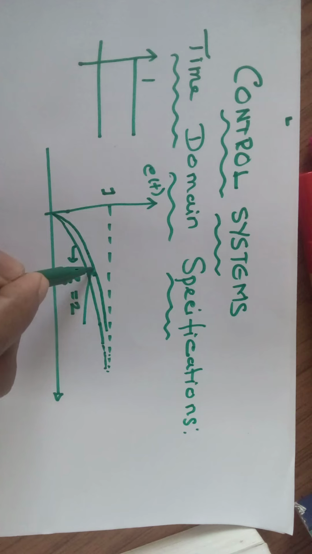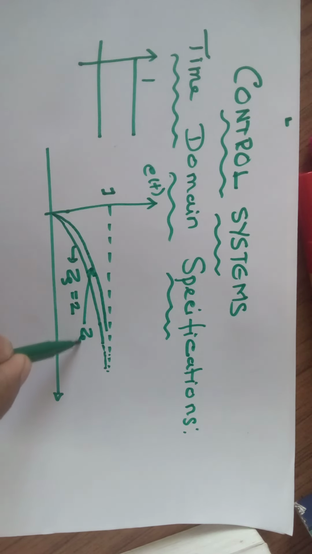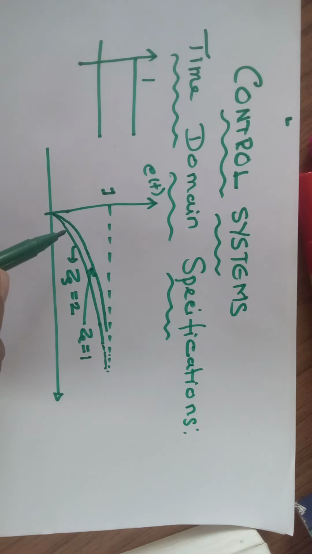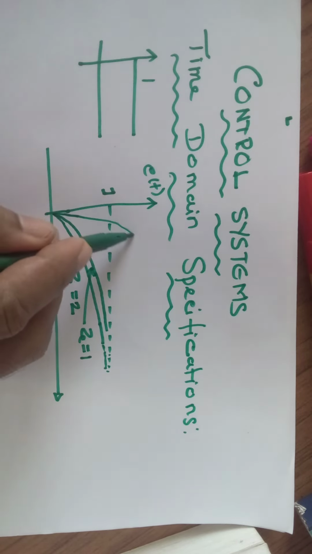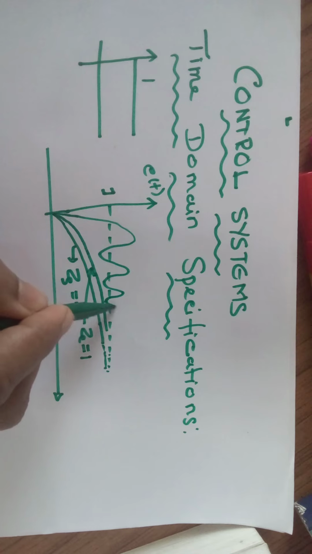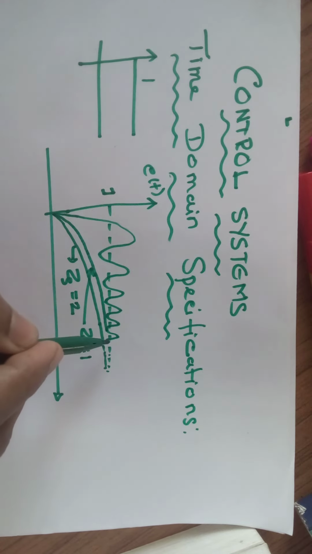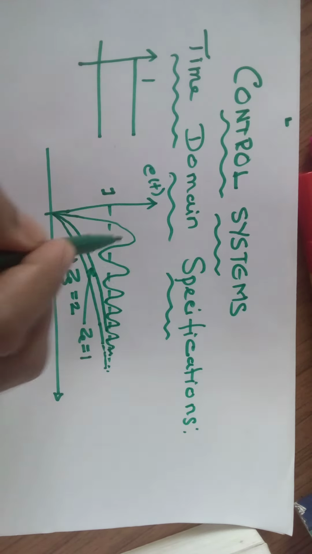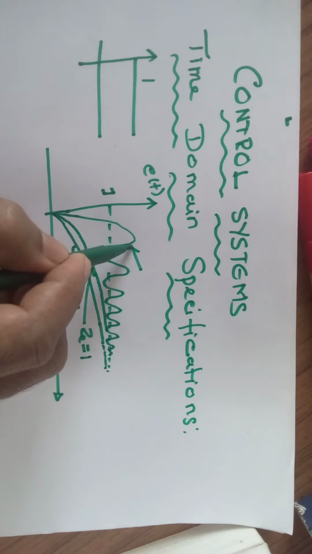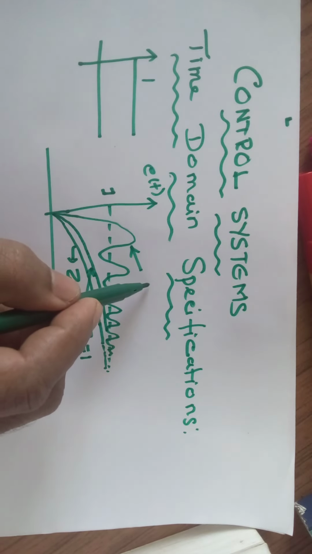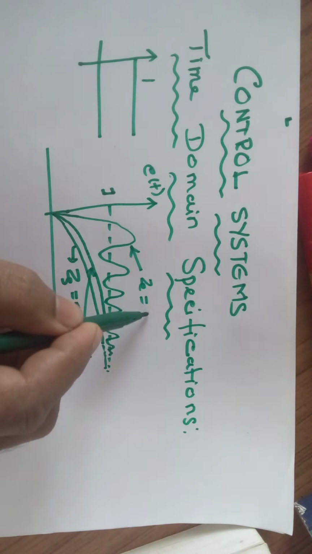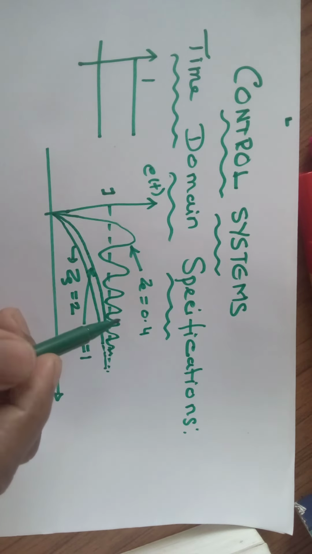This is the response when zeta is equal to 1. And if you reduce the value of zeta further, for example in the underdamped case, then the response will be like this. We have already seen this response in the case of the second order system. Here the value of zeta is less than 1, maybe zeta equal to 0.4 or something.